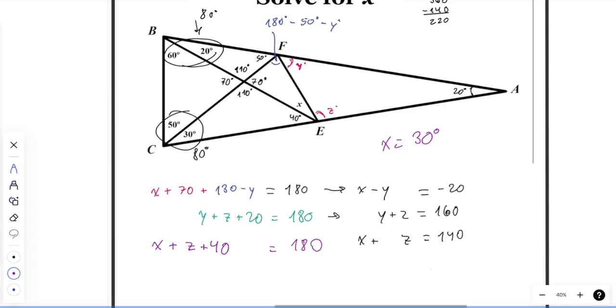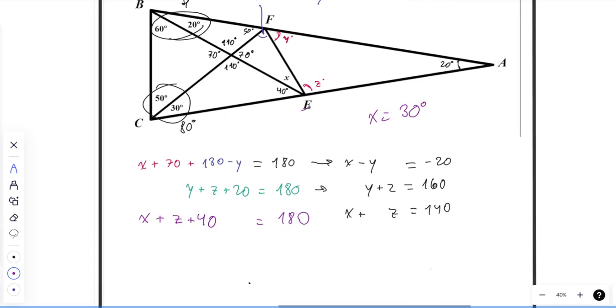I see maybe one more equation I could form, but I feel like it's not going to be very useful because I'm just going to add all of these up and say x plus z plus 40 plus the 30-degree angle, no, that would just give me more constants.